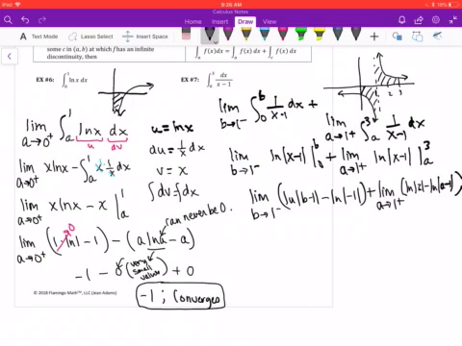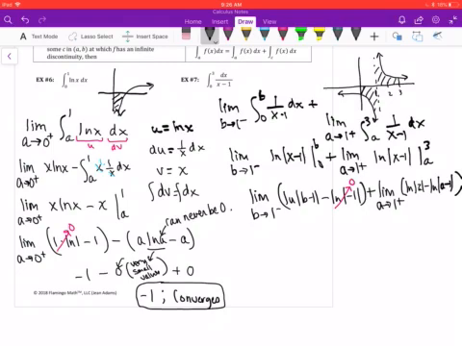Okay, so now the absolute value of 1 is 0. So that one does go to 0. Let's think about ln of b minus 1 as b approaches 1 from the left. So 0.99999 minus 1, and then you take the absolute value of it, it's going to be approaching 0.